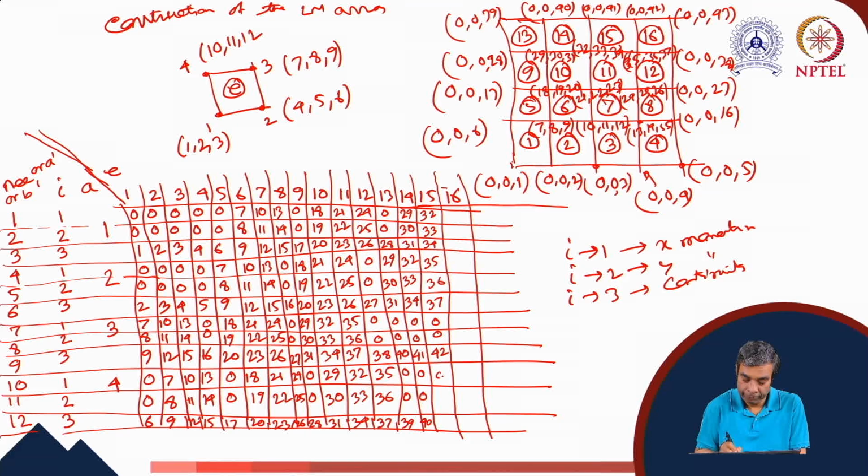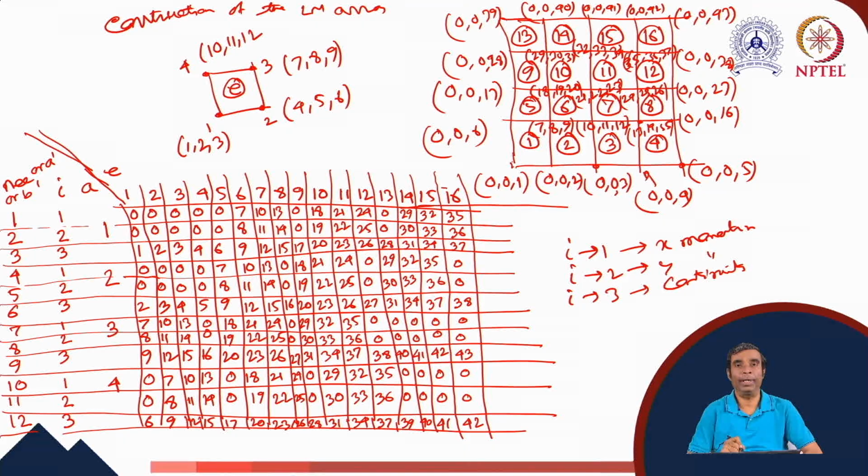Then it is 0, 0, 41. For the last element, it is 35, 36, 37, 0, 0, 38, 0, 0, 43. Then finally, it is 0, 0, 42.